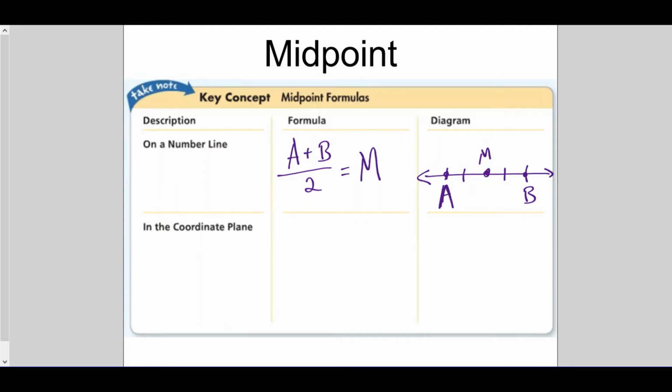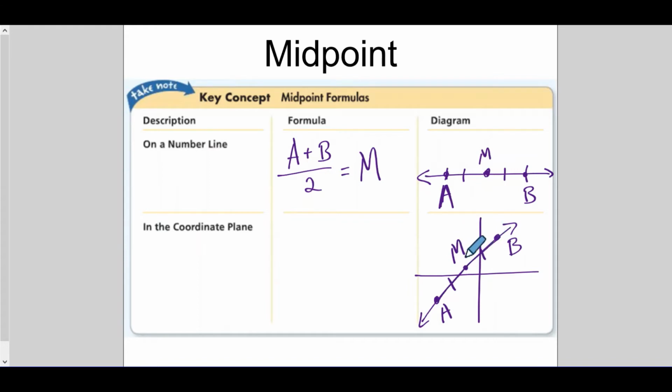On a coordinate plane, remember we have an X and a Y, so I'm just going to sketch that. That's my line. This is my line segment from A to B. And my midpoint somewhere in there, again, it bisects that line segment so that this section and this section are identical, they're congruent.